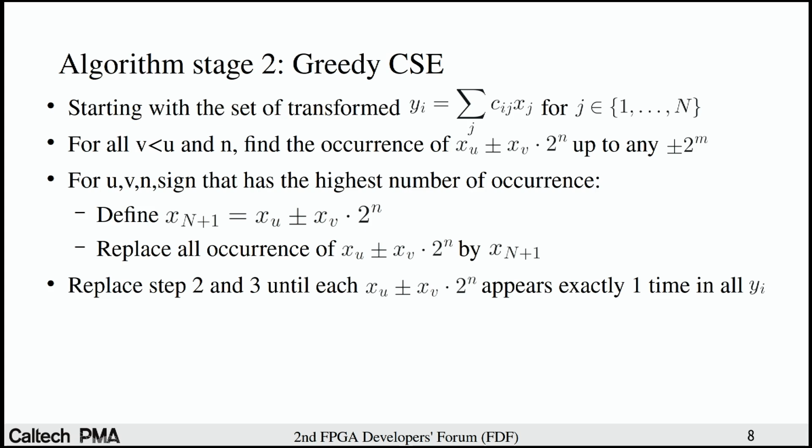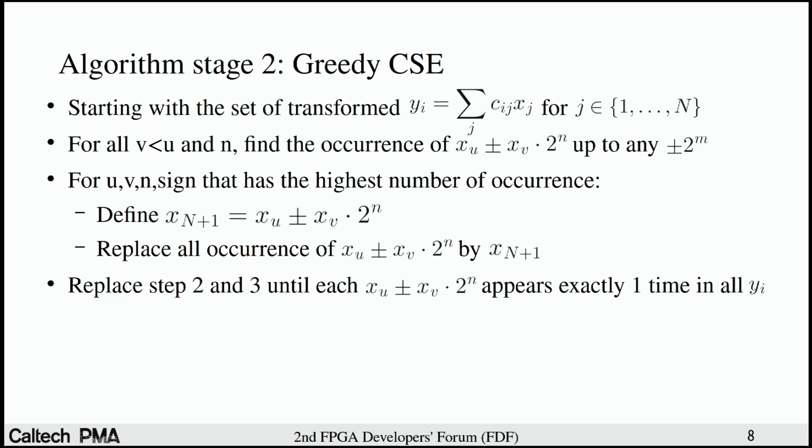So this is to basically gather how many times this part of the expression appears in the whole CMVM problem, and find the most common one as having the highest frequency, and implement it.